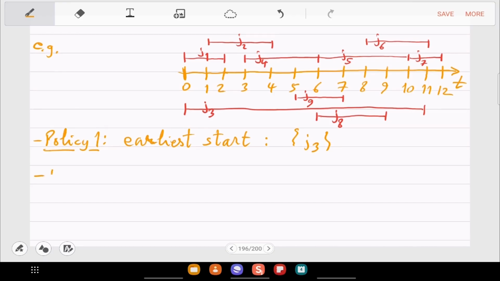Let's try a different policy. So earliest start doesn't work, so maybe it will be more clever to look at the duration. Right, so let us try that. That looks promising. Shortest duration.